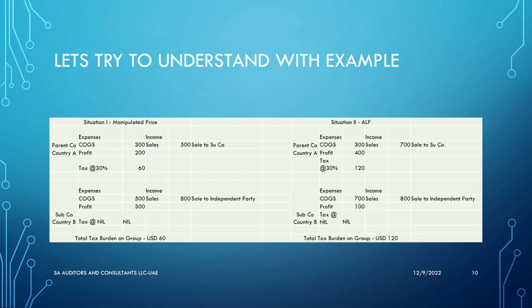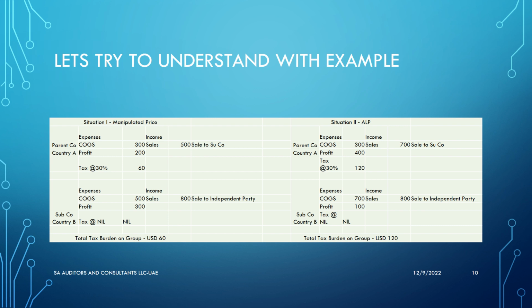Now come to the second scenario, arm's length price. In this case, the parent company has to sell these goods at 700 to their subsidiary so that they can book 400 profit in country A and pay $120 as income tax at the rate of 30% in country A. And in country B, the subsidiary company will sell it to the independent party at 800.